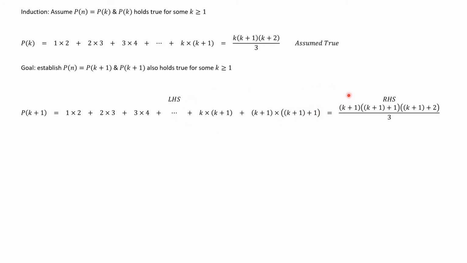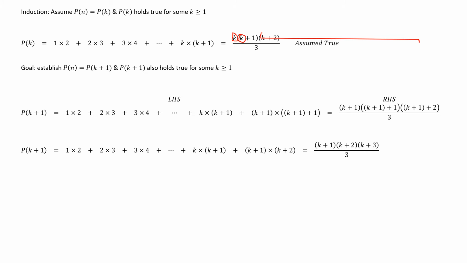We come here to the right side and we replace these k's here. We're going to replace those k's with k plus 1, and that's how we get this guy.